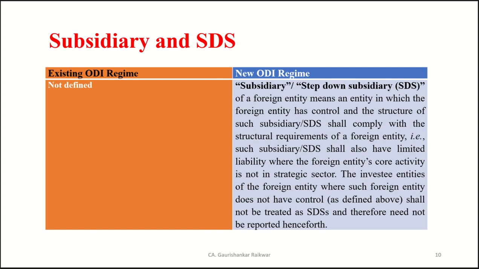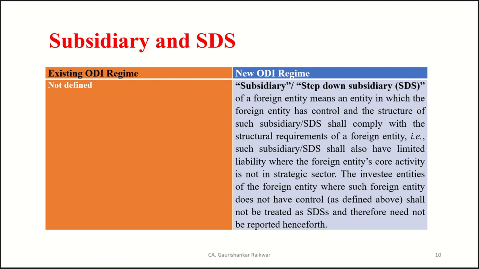Now, subsidiary and step down subsidiary. In the existing ODI, there was a concept of JV and wholly owned subsidiary, and these terms were not defined. However, since the new ODI regime has done away with the concept of JV and WOS, it has defined subsidiary and step down subsidiary.